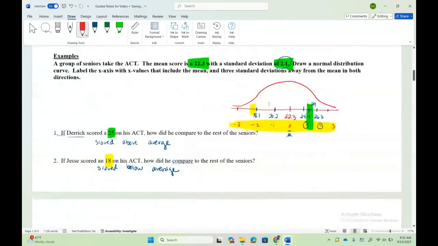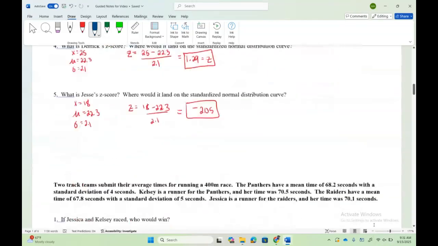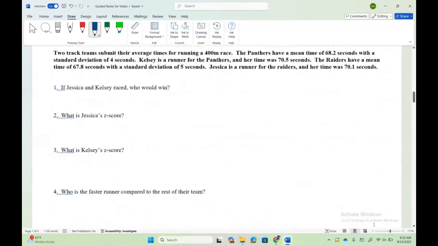We had Jessie right here with the x value of 18. When we do the z-score of -2.05, that matches up. We need to be between -2 and -3, closer to -2 with that score of 18. So our z-score should line right on top of where our x values would be on the same picture. Okay, all right, so let's look at this example.